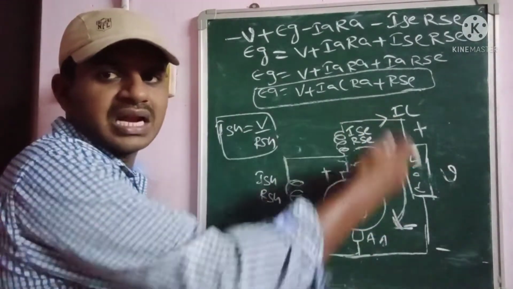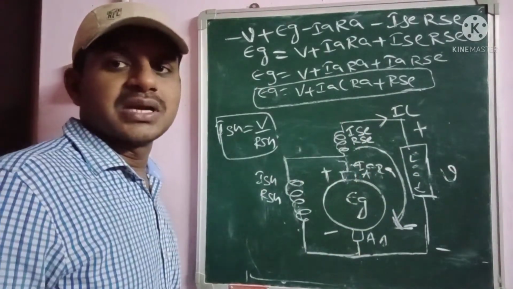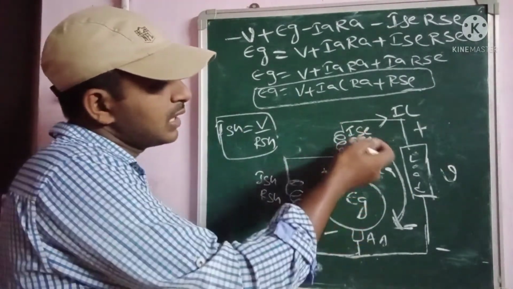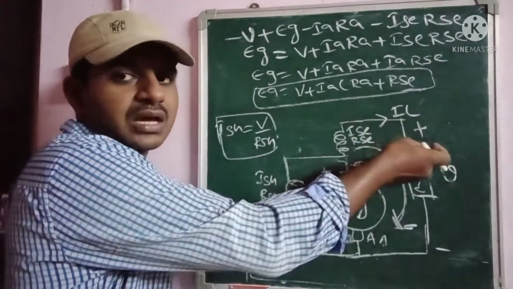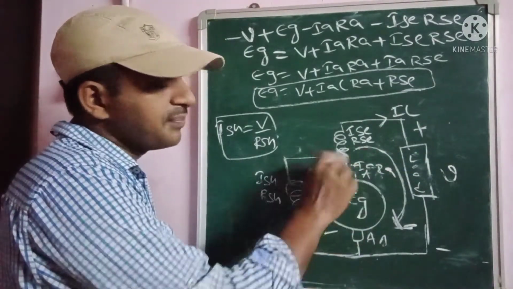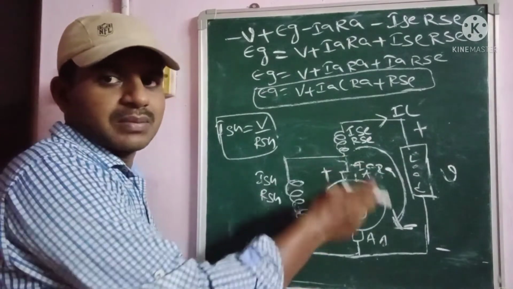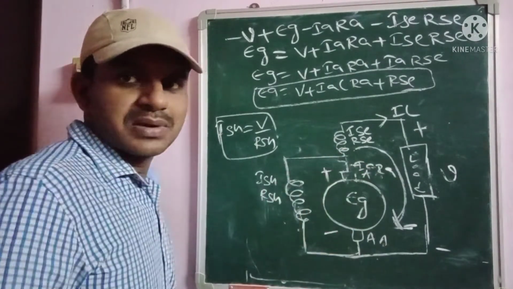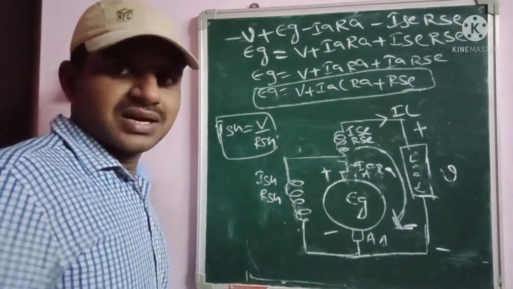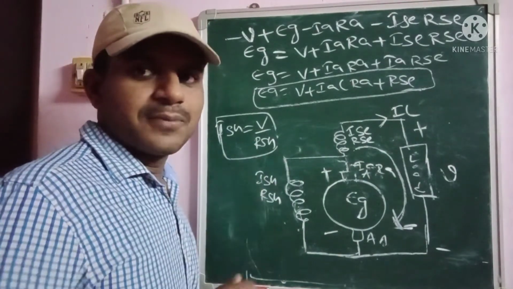Then only it is called the short shunt compound generator. Here also the load is connected in series with the series field winding, and the other field winding is connected across the two armature terminals. This representation is called the short shunt compound generator.